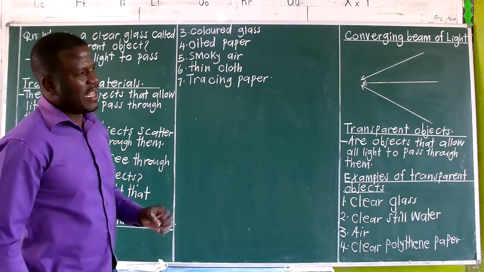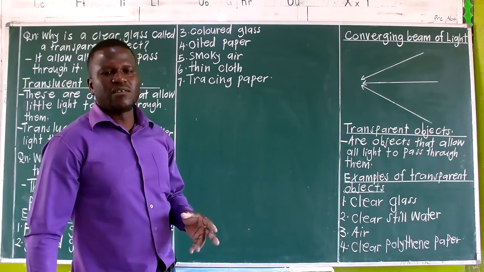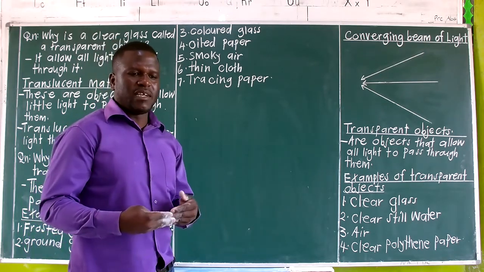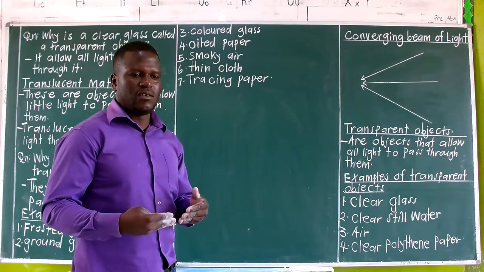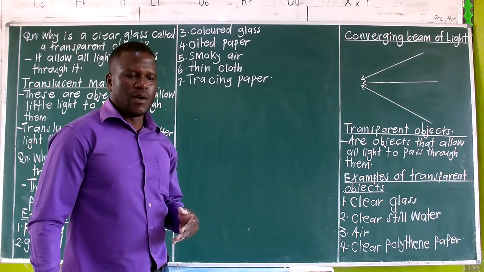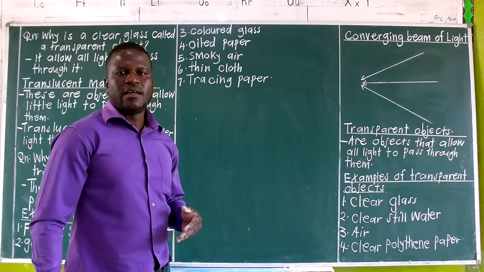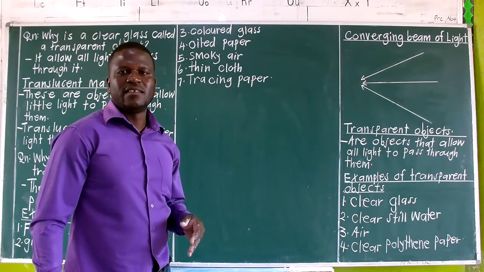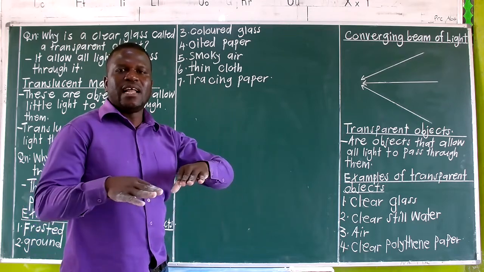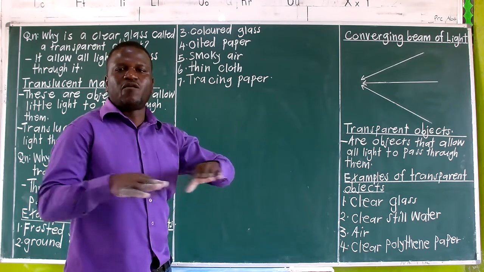Then we have ground glass. The word ground is coming from the word grind. Glass which breaks but does not break completely. For example, the windscreen of a car. If cars get accidents, sometimes the glass can break but it does not fall.